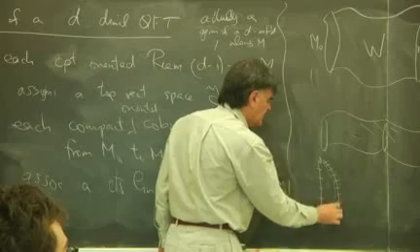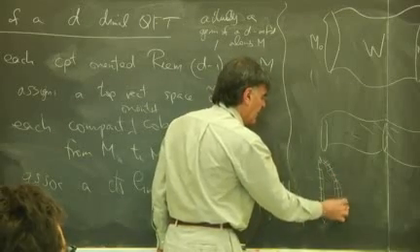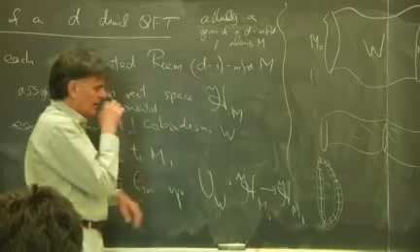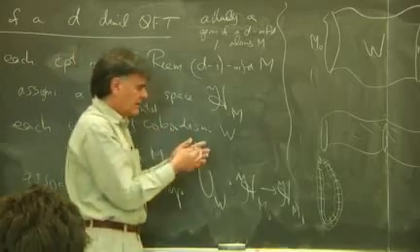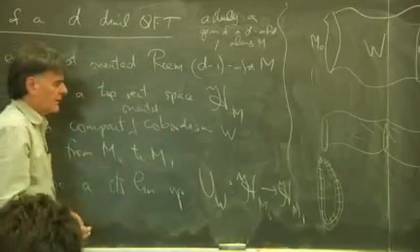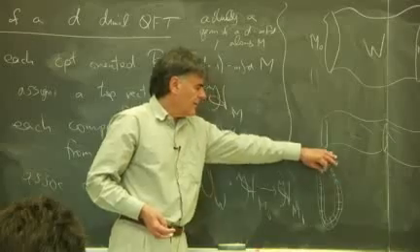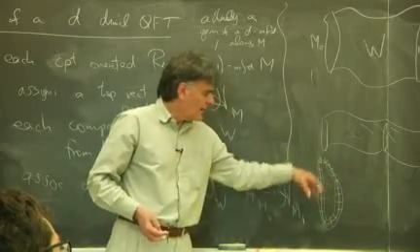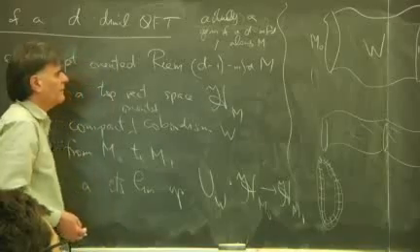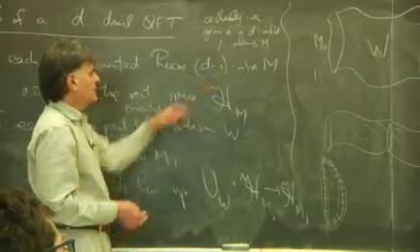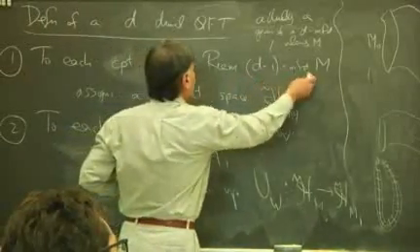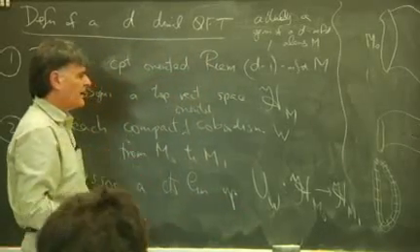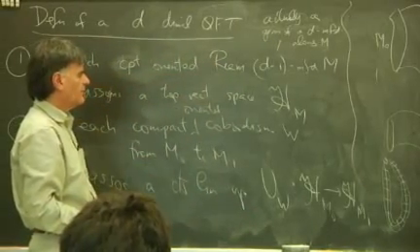And when I say it's a germ, what I mean is that we identify two of these things if one is contained in the other, and so we identify any neighborhood of the thing we started with any smaller neighborhood. But basically this has an infinitesimal thickening. So that means that the second axiom, the concatenation axiom, is at least well defined.